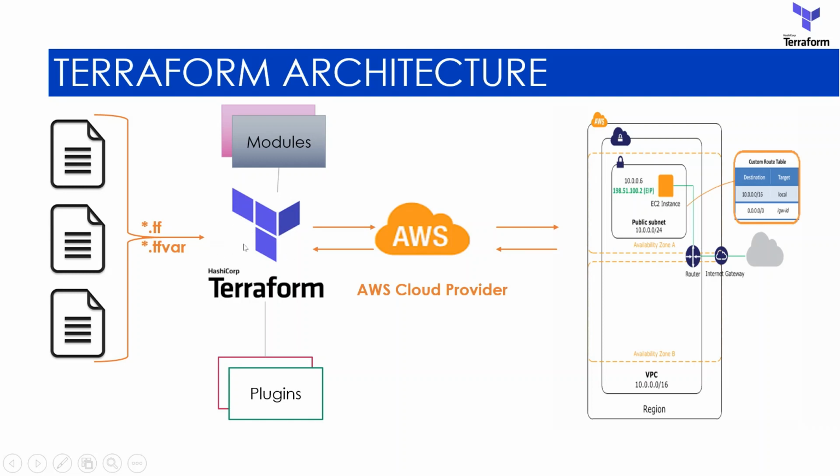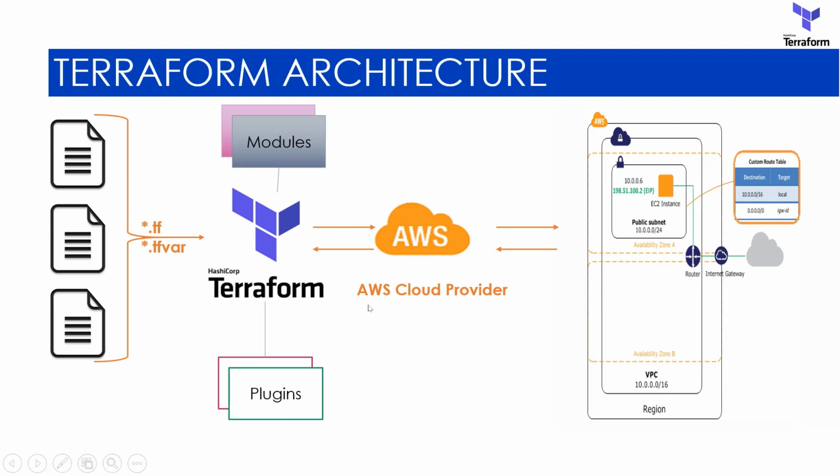Along with that, we need different TF files. There may be main.tf, which will have a number of resources including modules, and then variables.tf, which is a file of variables, and the plugins. Those plugins will be either in the form of a Terraform provider or any other plugins. On top of that, we'll have modules which are related to your resources.